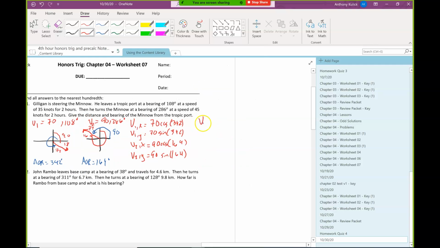And then if I know those, I know that my resultant vector is just V1 plus V2. So Vx is going to be V1x plus V2x, and Vy is going to be V1y plus V2y. So let's go ahead and do those now. I've written out enough.